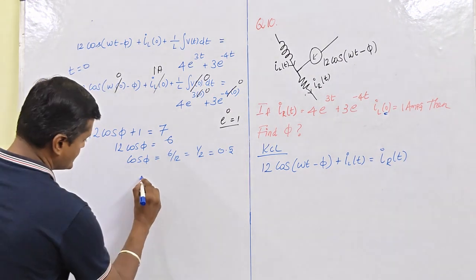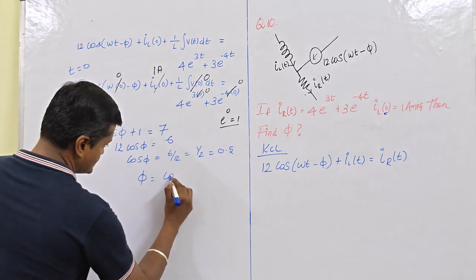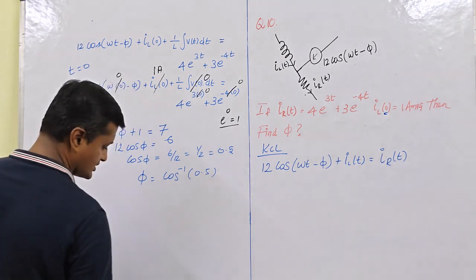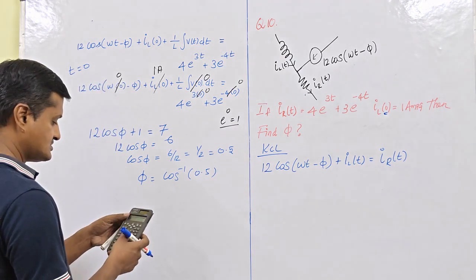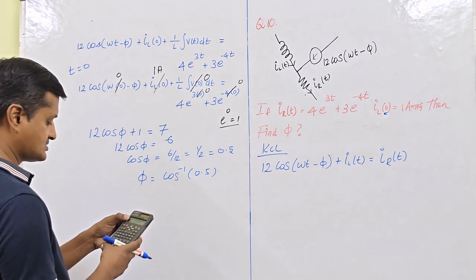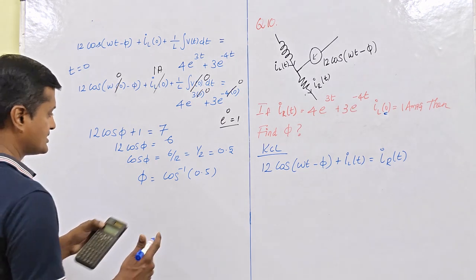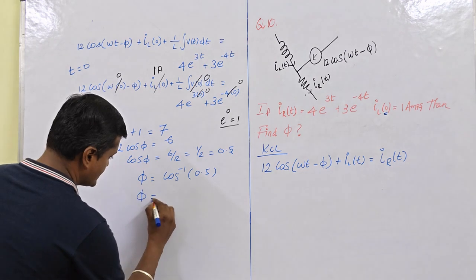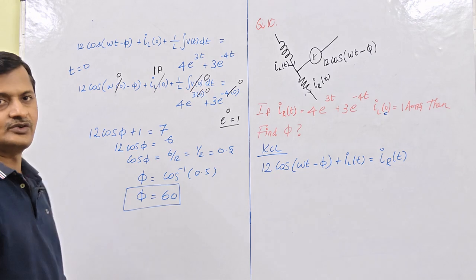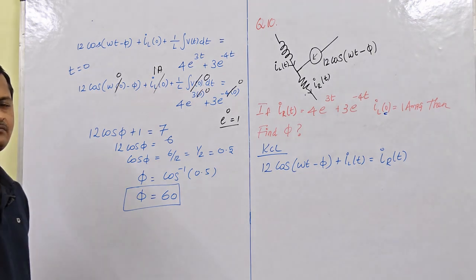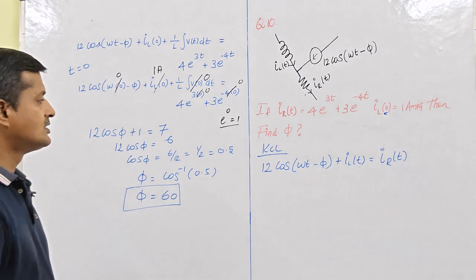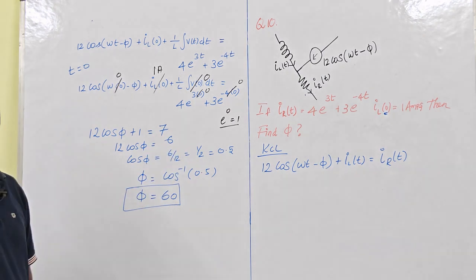What is the value of phi? Phi is equal to cos inverse of 0.5. Using shift cos inverse of 0.5, phi is equal to 60 degrees. So now we found the value of phi using Kirchhoff's current law.